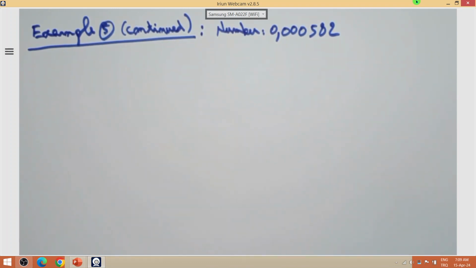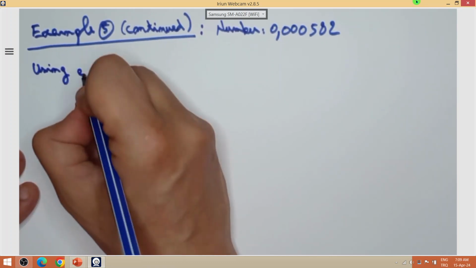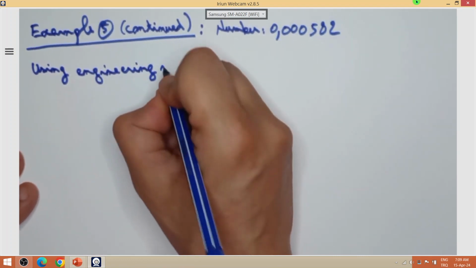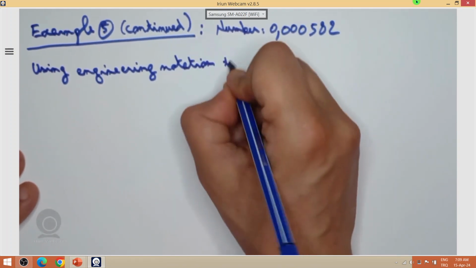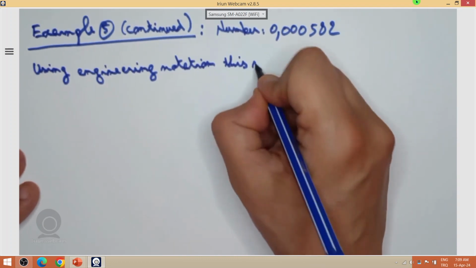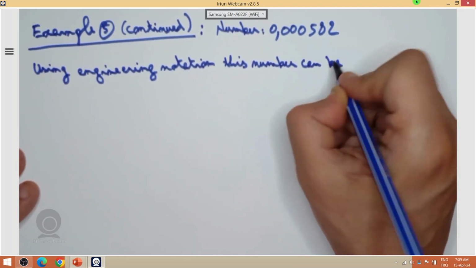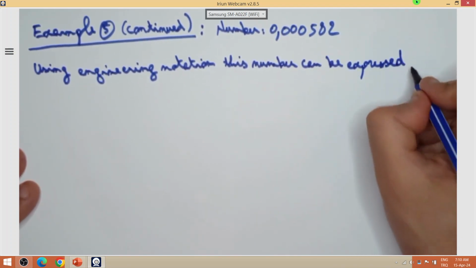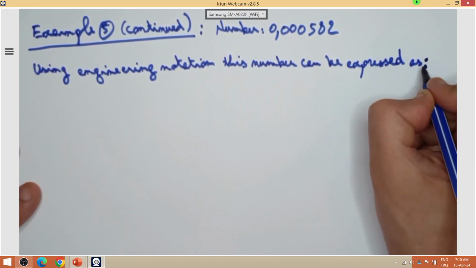Using engineering notation, this number can be expressed in two ways.